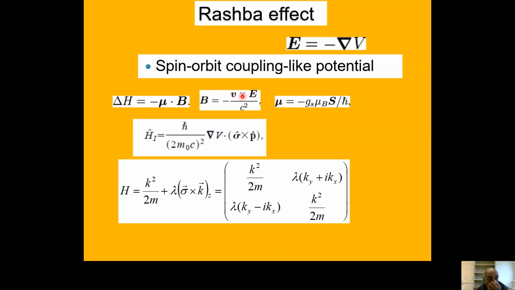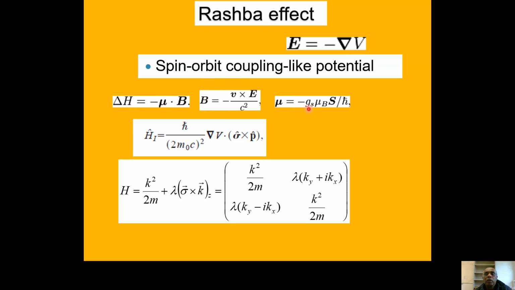When the electron is moving in an electric field, that produces a magnetic field. The relativistic magnetic field is given by v cross E divided by c squared. This is something you learn in electromagnetic theory. Now you can plug in that B value.